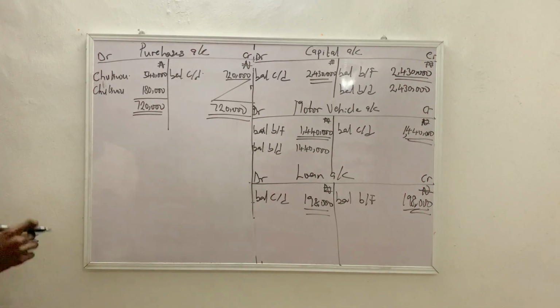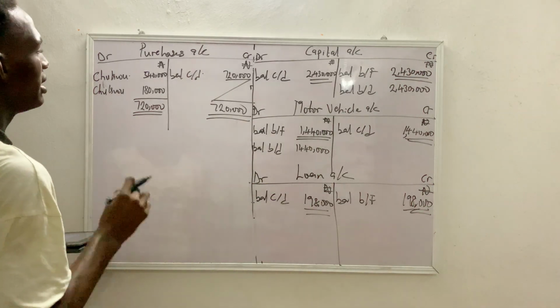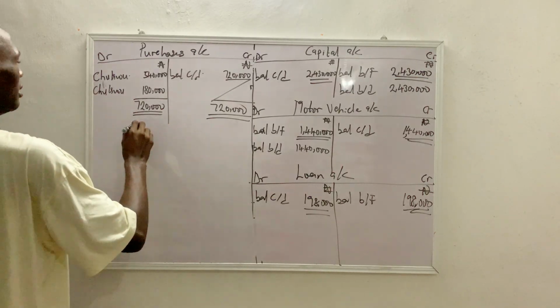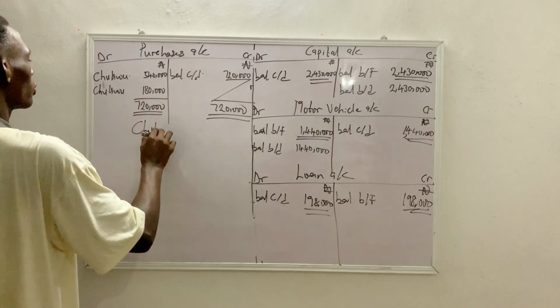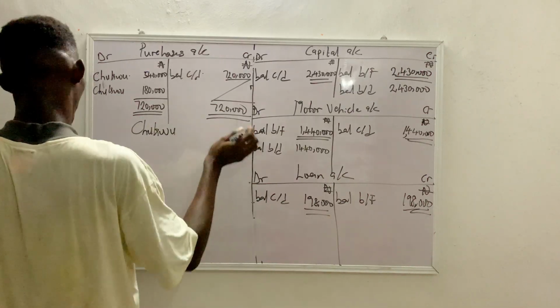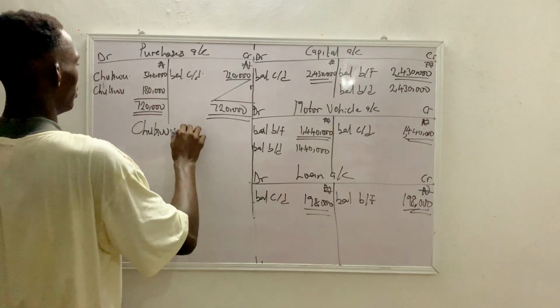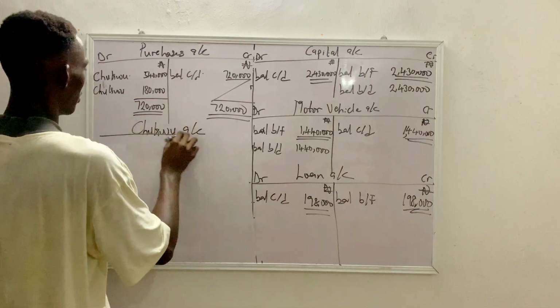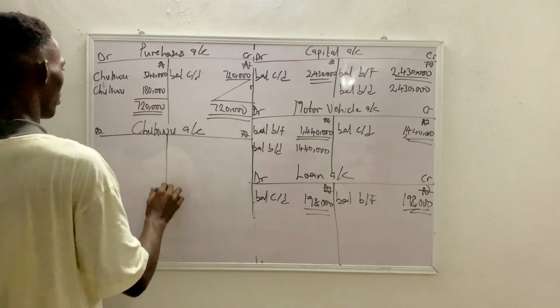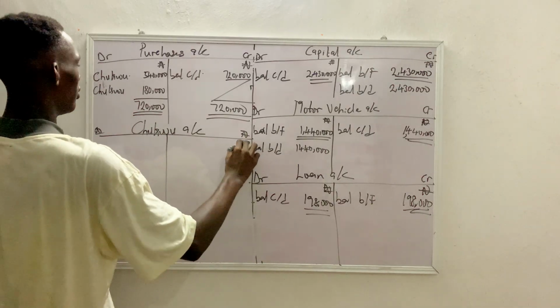Then, before I proceed, to avoid mistakes, it's better to what? Create Shuku's account immediately. So who is Shuku? Shuku is a trade payable, formerly known as creditor. Shuku's account. Your naira sign is very important.